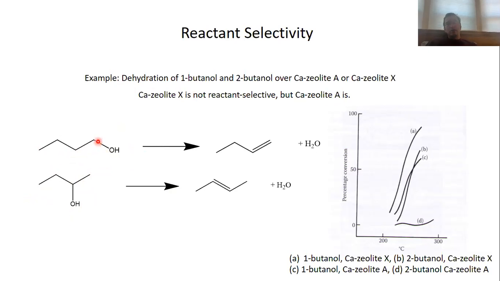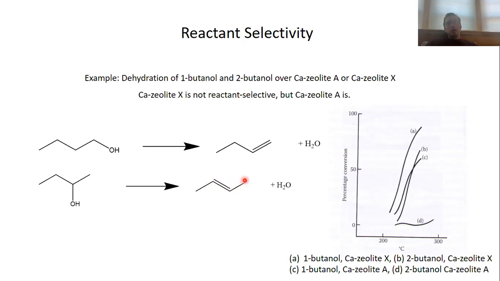and the dehydration of the 1-butanol would lead to this 1-butene, and the dehydration of this 2-butanol would produce 2-butene. Okay.